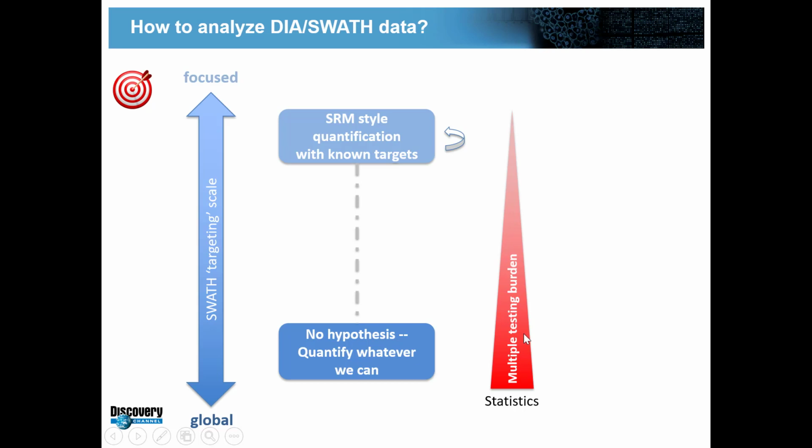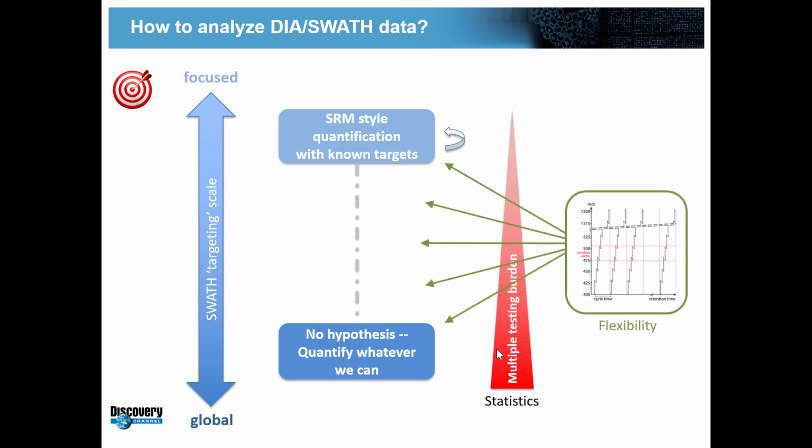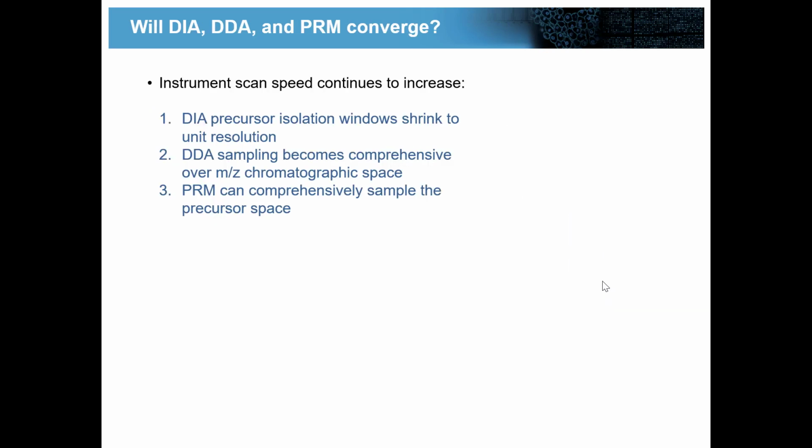So as you ask more questions of the data, the multiple hypothesis testing burden is going to go up, and we'll discuss this in a bit more detail tomorrow. But nevertheless, one of the main advantages that we have in DIA data is the flexibility to choose between these different paradigms, and the data is essentially agnostic to what you do with it. So it's a good way of acquiring data without necessarily having to have the hypothesis in advance.